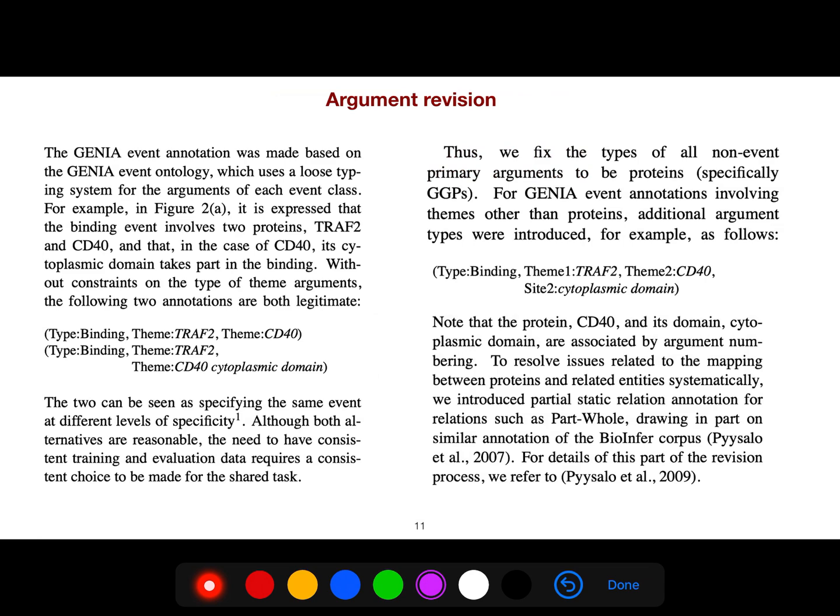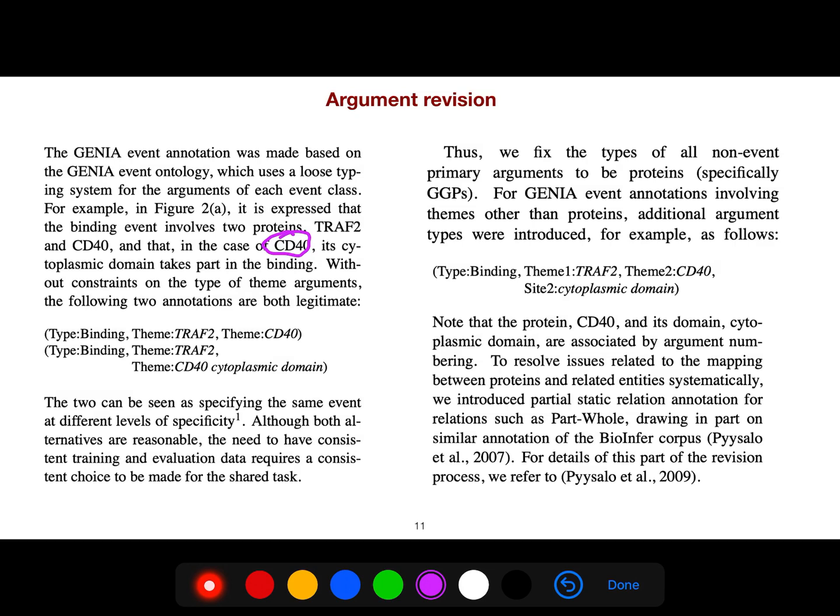The GENIA event annotation was made based on the GENIA event ontology, which uses a loose typing system for the arguments of each event class. For example, it is expressed that the binding event involves 2 proteins, and in the case of CD40, its domain takes part in the binding.